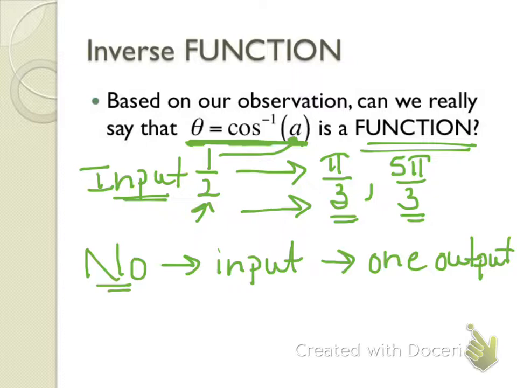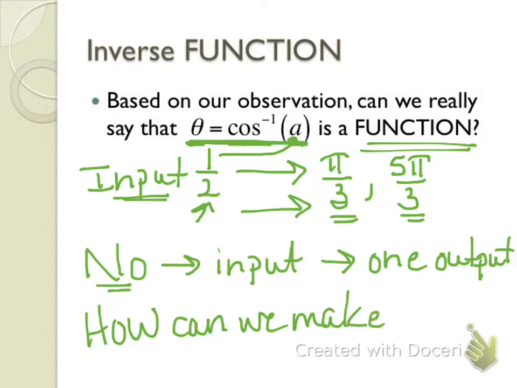And so that's what I want you to think about for class tomorrow. I want you to come up with some ideas about how can we make this a function. Okay, think about it, be creative, but I want you to think about what you know about cosine.